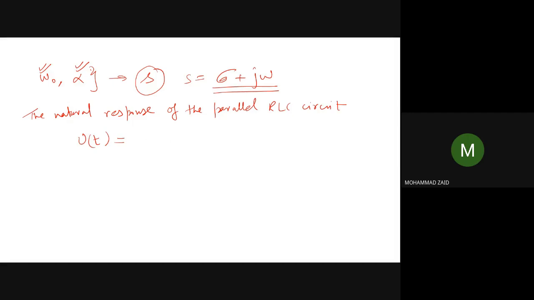Since you have got two values of S, and this is a linear system, by exploiting the property of superposition we can write that v(t) is equal to A1 e to the power S1t plus A2 e to the power S2t.